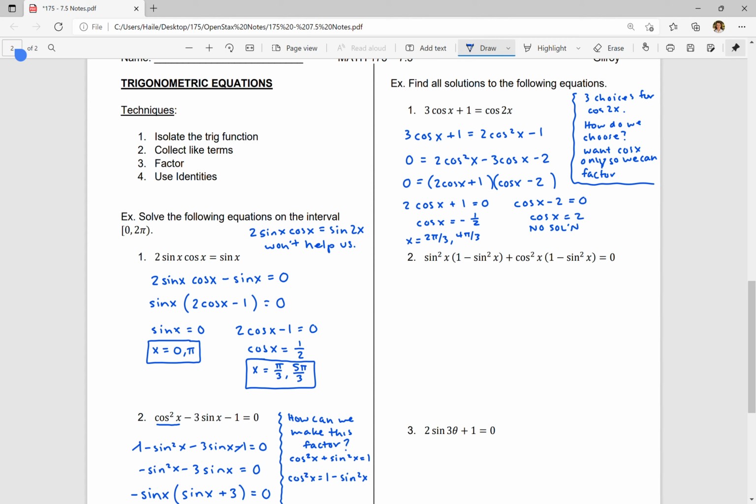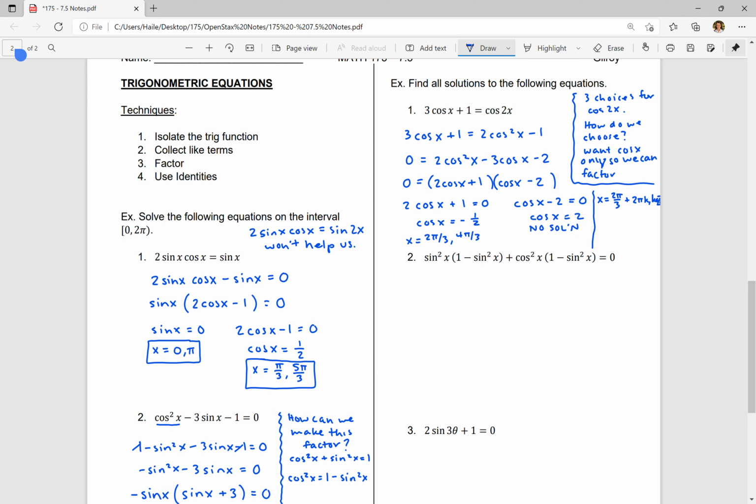So if I want to write my general solutions now, I just need to write one for each of my two solutions from the first factor. So we can start with x is equal to 2 pi over 3 plus 2 pi k, where k is an integer.